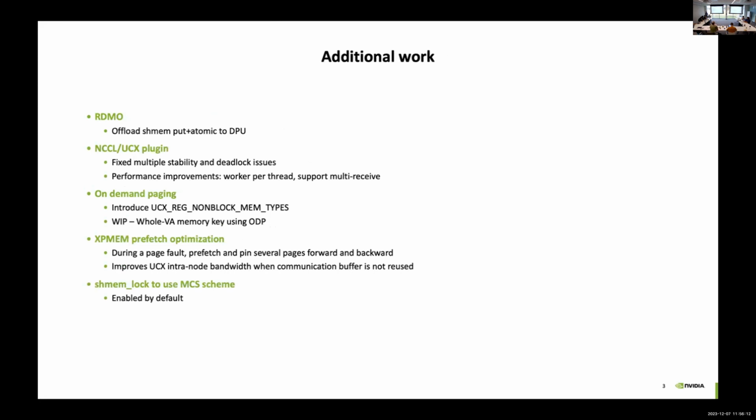In addition to protocols v2 and all the things that we discussed in the past few days, we are working on additional projects not mentioned in this slide. We're doing something called the RDMO offload.